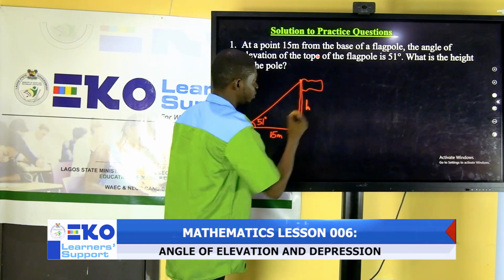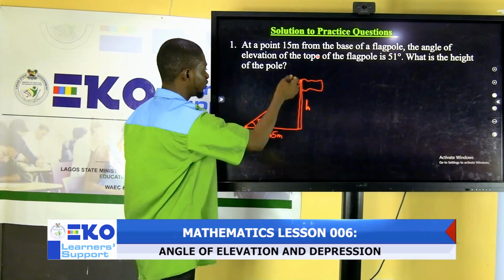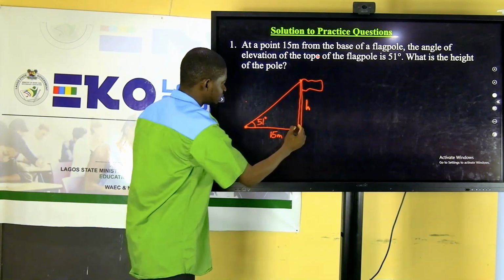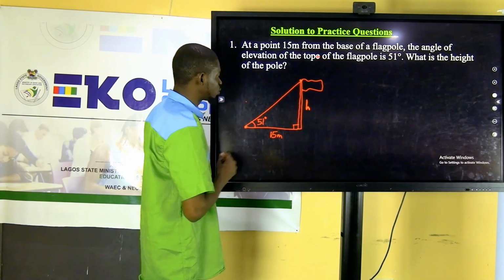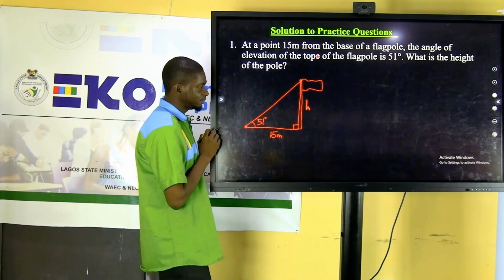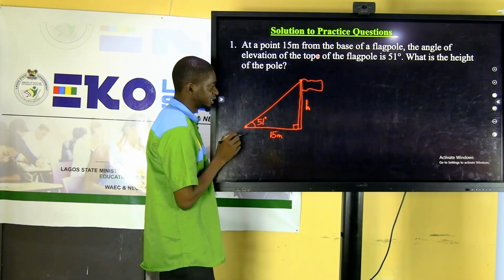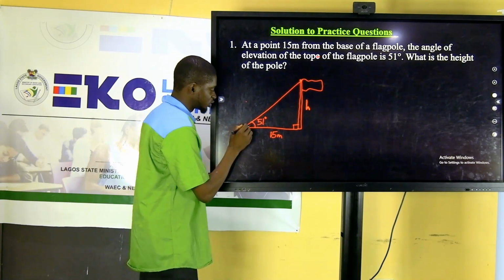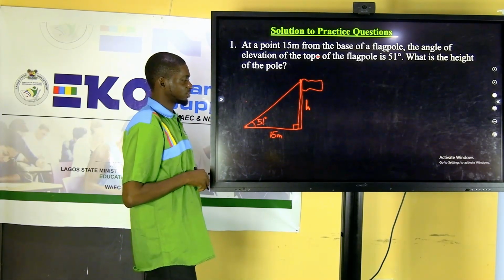That's the height that we are interested in. Now this has formed a right angle triangle. We have the adjacent side. We are interested in finding the opposite side, considering the angle that has been given to us.